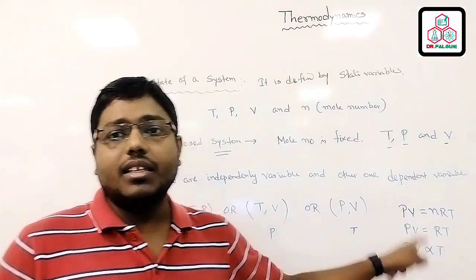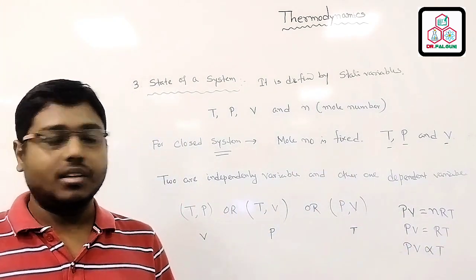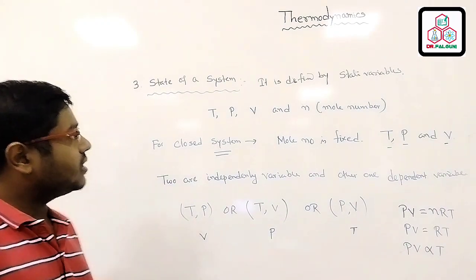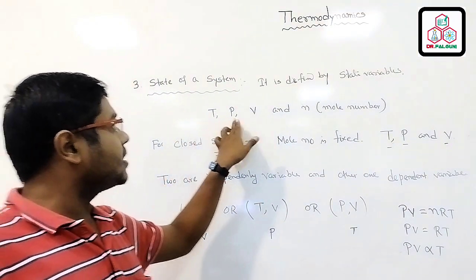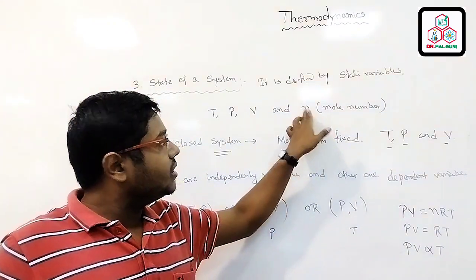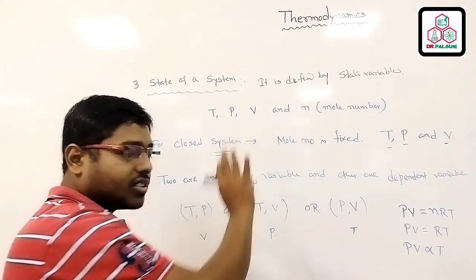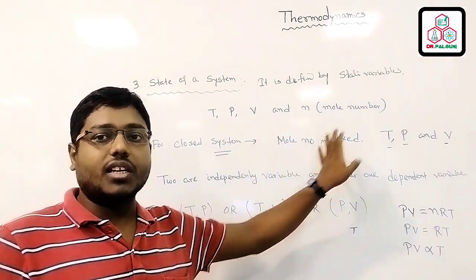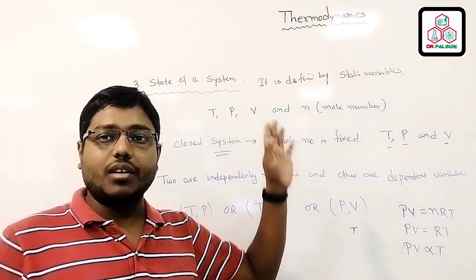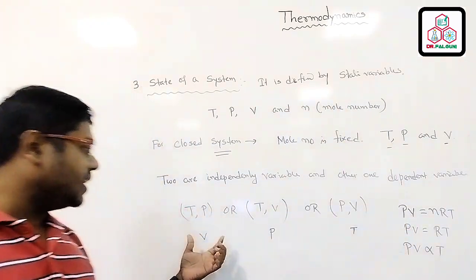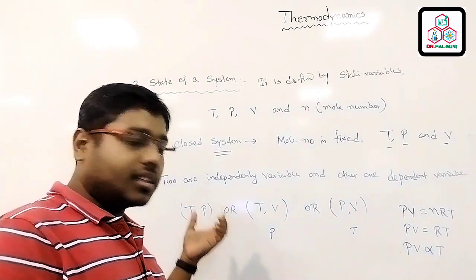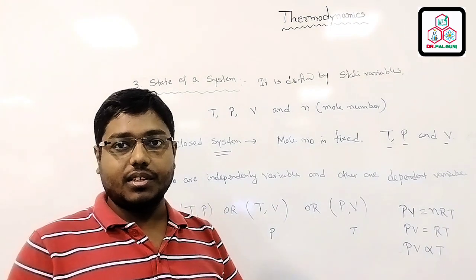So these are the state variables. The state variables of an open system are temperature, pressure, volume and mole number. For the closed system, the mole number N is fixed, so the state variables become 3: temperature, pressure and volume. If you change any two independent variables, the third one automatically changes, right?